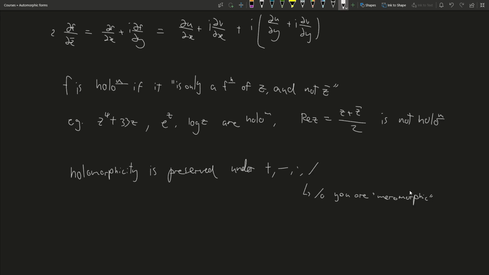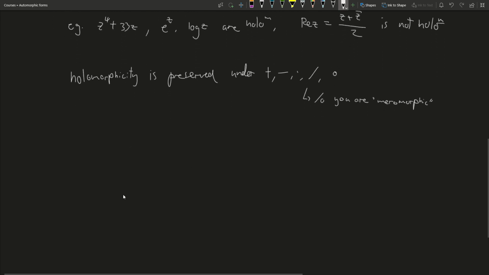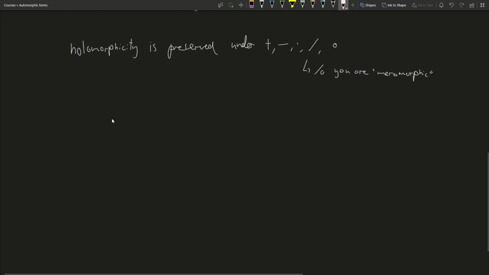So you can't divide by 0 and preserve holomorphicity, but you're almost holomorphic. But more importantly, it's preserved under function composition. And this is the important one. So if you look at, say, the log of a polynomial, that's also going to be holomorphic when away from the poles. So in practice, you can just tell by inspection that a function is holomorphic.